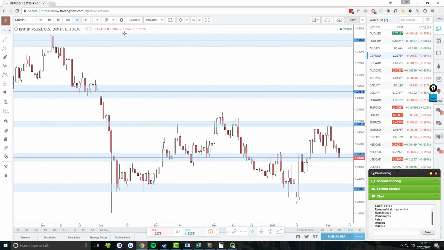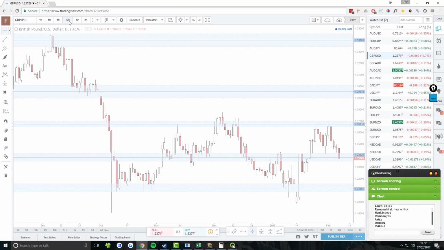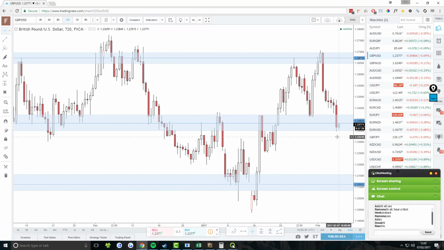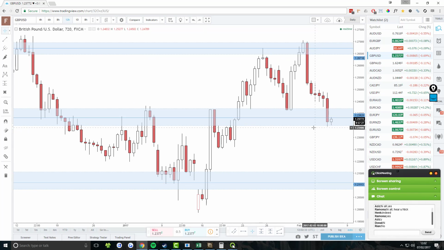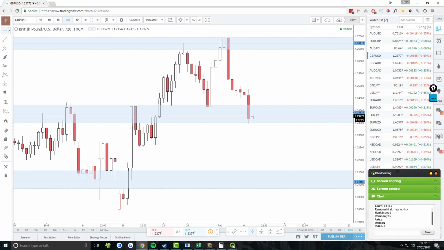GBPUSD, look at that. Okay. Daily, 12 hour. Hello. That looks quite nice. All right, so a potential long setup might form on GBPUSD. Right now I'm looking at this on the 12 hour.